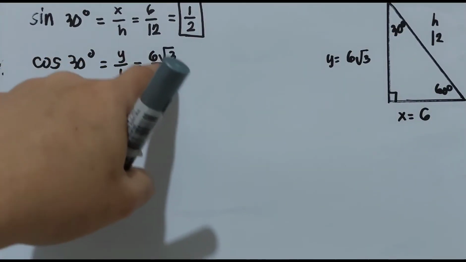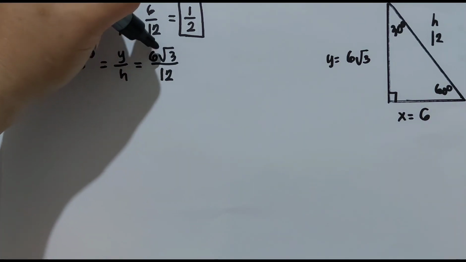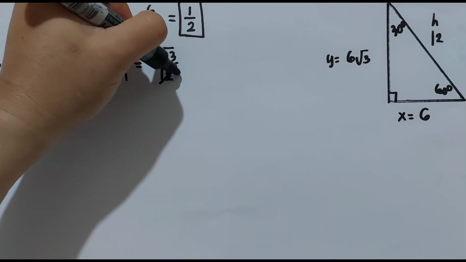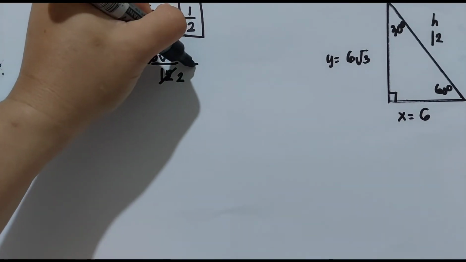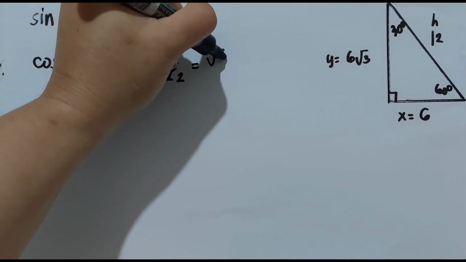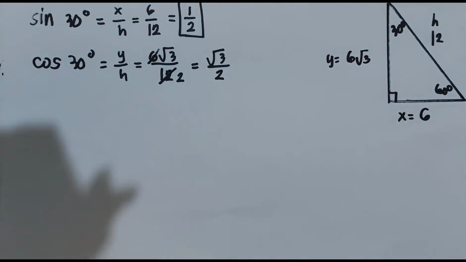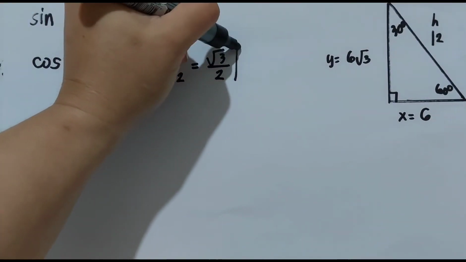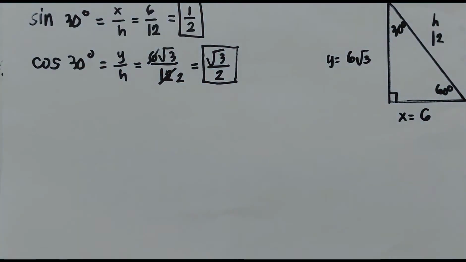So, we can simplify it. What is their greatest common factor here? 6 divided by 6 is 1. 12 divided by 6 is 2. So, what is left? You have square root of 3 over 2. So, cosine 30 degrees is equal to square root of 3 over 2. Next, let's have the tangent.